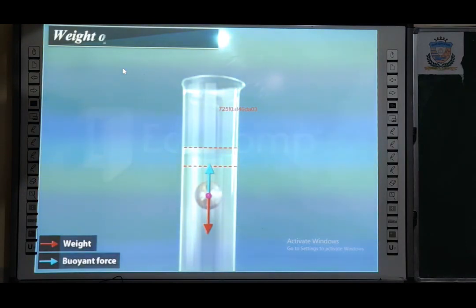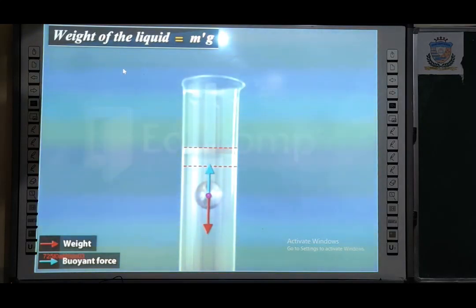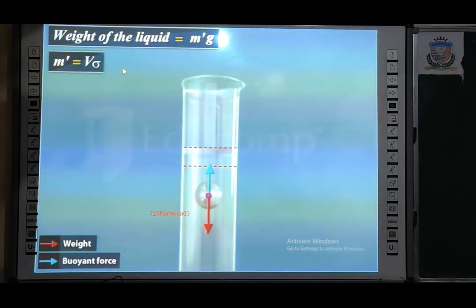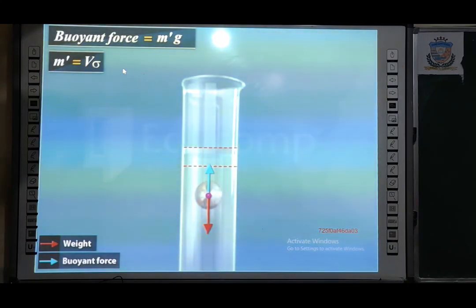The weight of the liquid displaced is the mass of the liquid displaced times the acceleration due to gravity. The mass is volume times the density of the liquid. Thus, the buoyant force will be the volume V of the liquid displaced times the density of the liquid sigma times the acceleration due to gravity g.